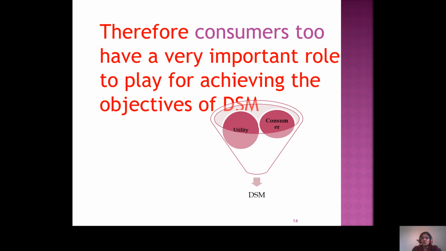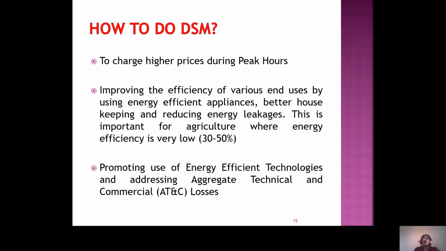Therefore consumers have a very important role to play in achieving these objectives of DSM, for utility and consumer. They have to use the energy during off-peak and save energy. So how to do this demand side management?